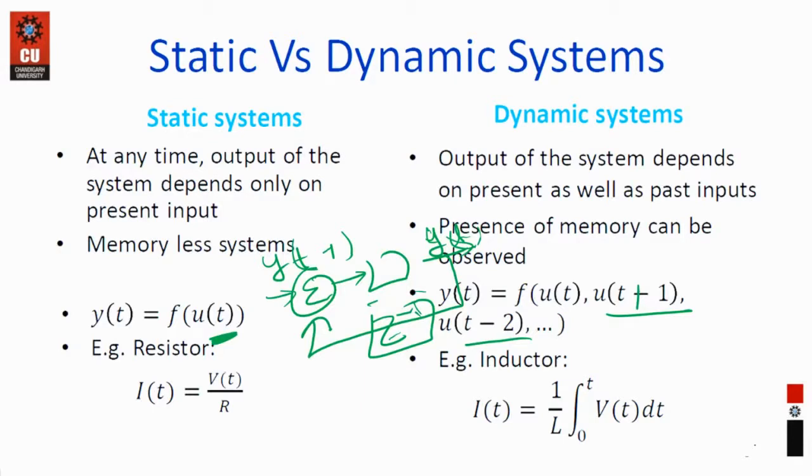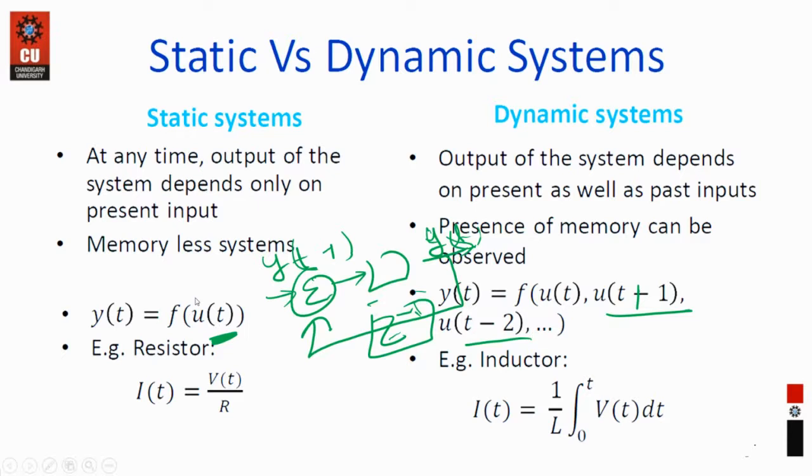Most of the things are constant: the background, the table, the chair. Only send those video signals which are changing and let the remaining signal stay as it is. So we will just send the change. It will save bandwidth and time, right? So a lot of advantages are there. So it's a dynamic system.